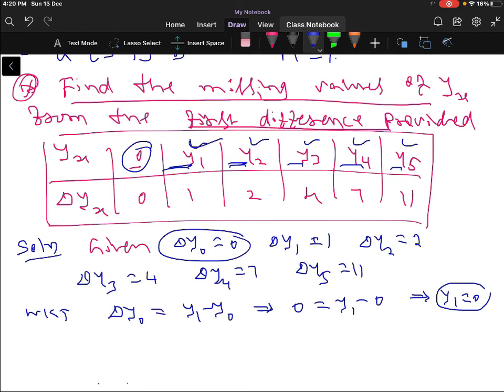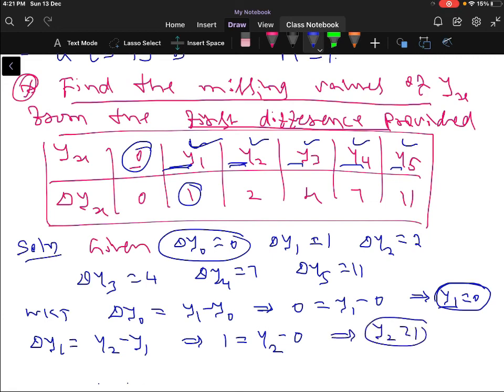Now anyway we got the y1 value. Let us find out y2 with the help of delta y1. We know that delta y1 is equal to y2 minus y1, where delta y1 is 1. This implies 1 is equal to y2 minus y1, and y1 is 0. So this implies y2 is equal to 1.